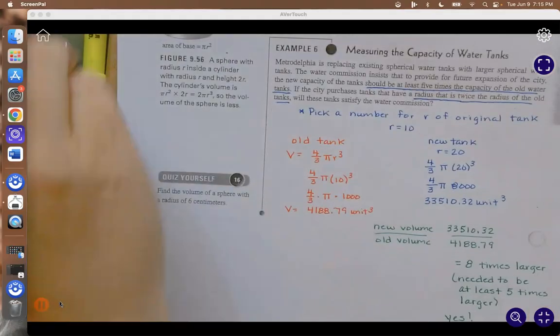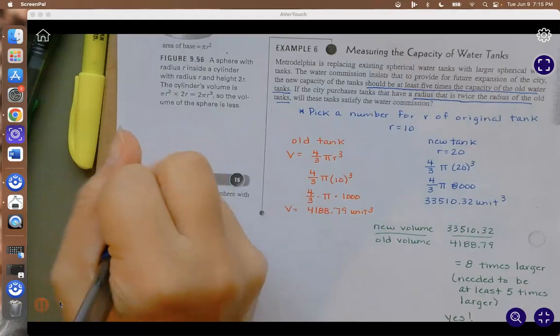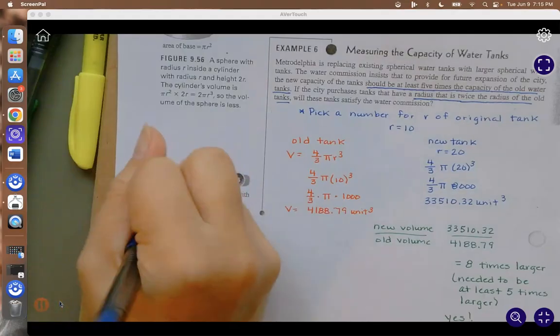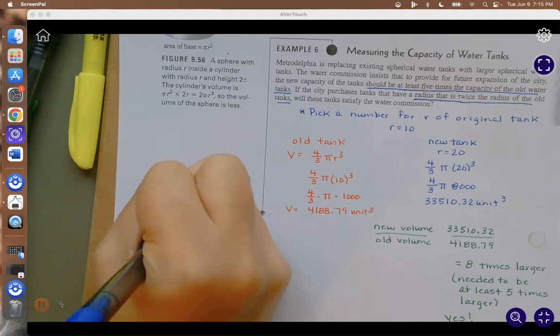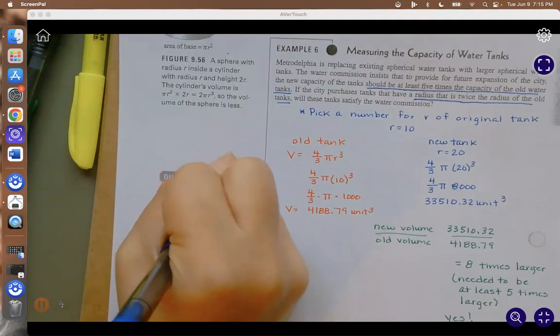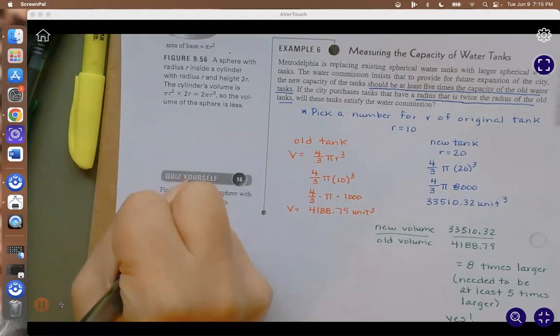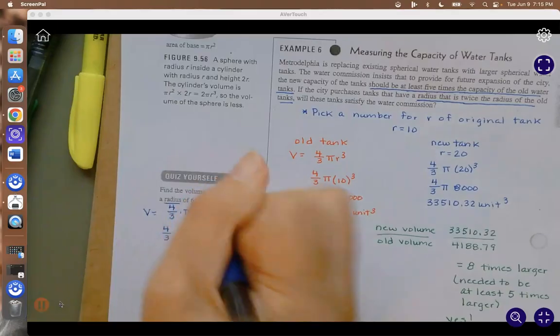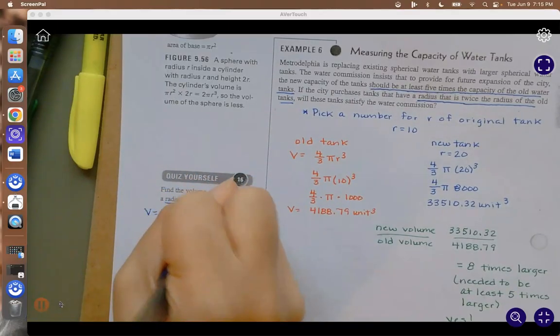Okay, we're going to do this last problem right over here. We're going to find the volume of a sphere with a radius of 6 centimeters. So we do 4/3 times pi times r cubed. So we have 4/3 times pi times 6 cubed.